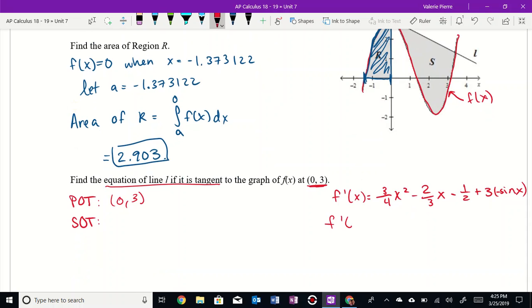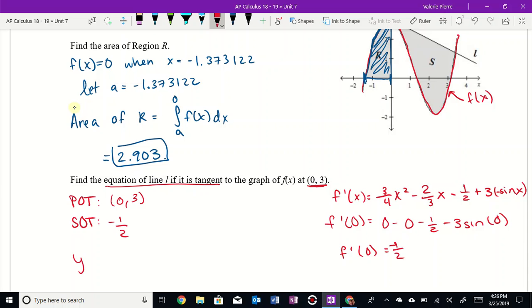So when I plug in 0, I get 0, 0, 0. So 0 minus 0 minus 1/2 minus 3 times sine of 0, which is 0. So f prime of 0 equals negative 1/2. My slope of tangency is negative 1/2.